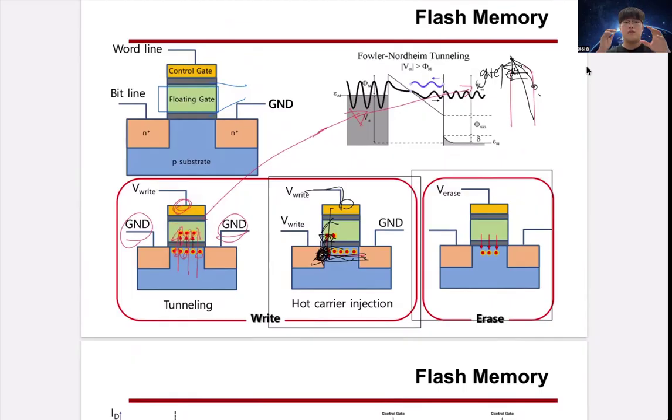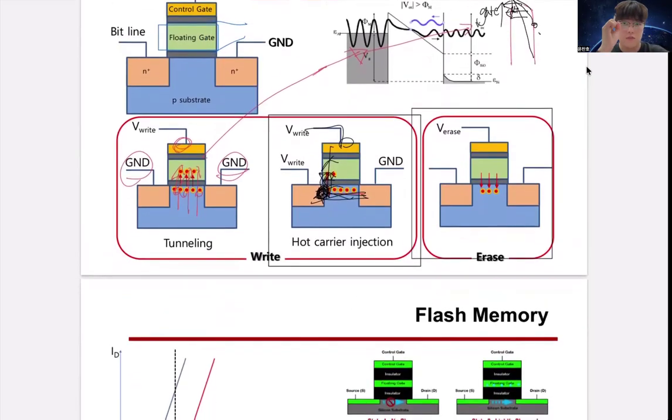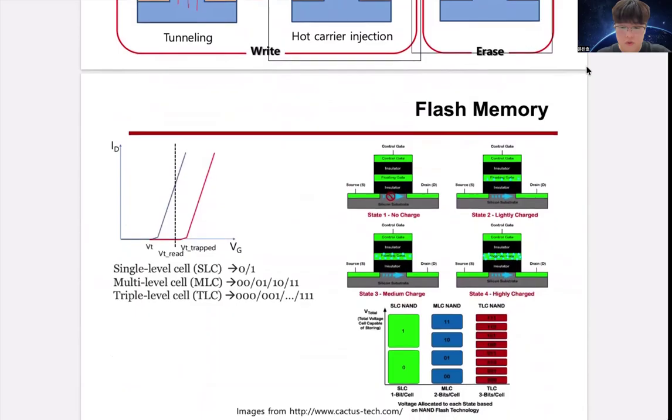So if there is data in the floating gate, the threshold voltage VT will go higher. So we can distinguish VT high, VT low, or VT zero, or VT larger. So we can divide between the threshold voltages.